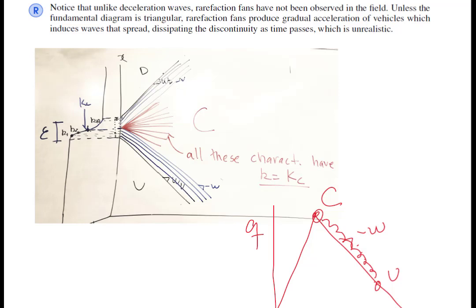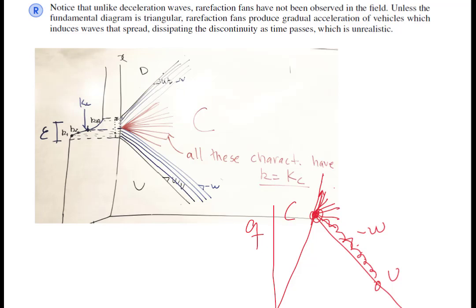And then when you reach the capacity state, let me prolong this line. When you reach the capacity state right here, it is as if you had all possible wave speeds concentrated at one point. And that's kind of the fan that appears, right?